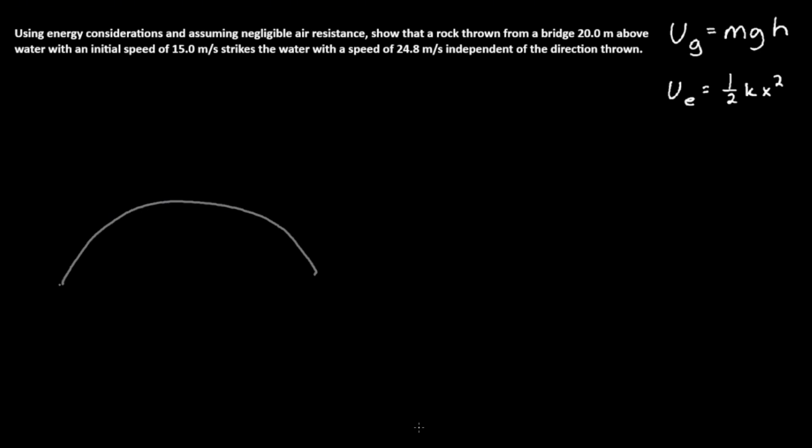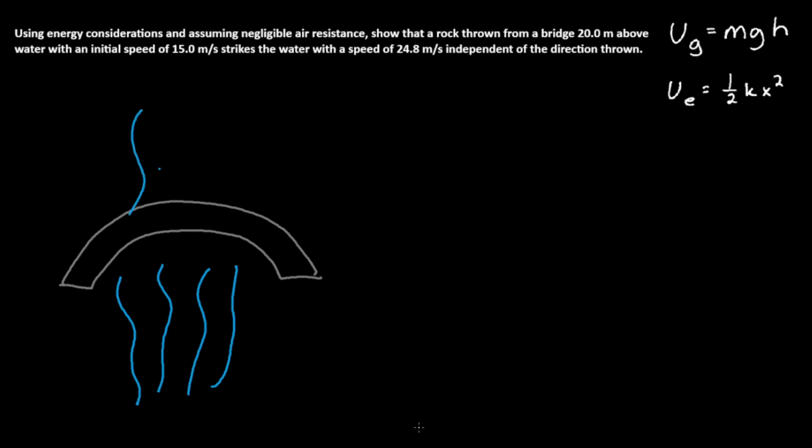Let's draw a very makeshift bridge for visualization, and you have a river flowing down, and this bridge is 20 meters above the water, and there's a person on the bridge. Ooh, that person has slanted legs. That threw a rock at 15 meters per second.